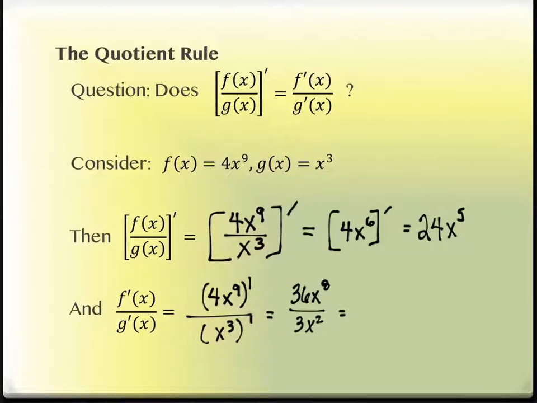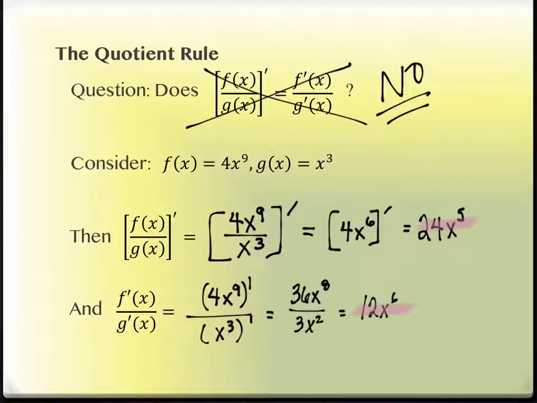If I simplify, what do I get? 12x to the 6th. And the reality is those don't match, right? So this is a no. Again, does not work.